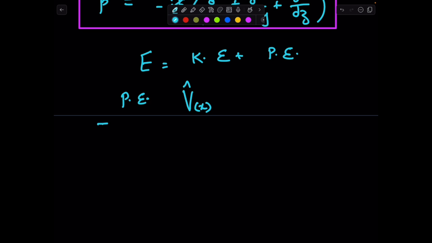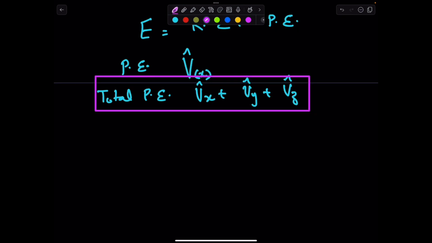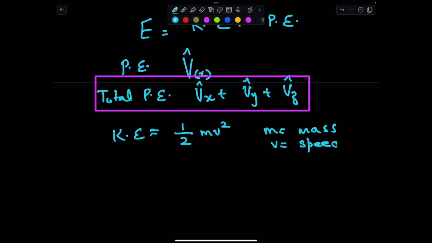So total potential energy is the potential energy in the x-axis plus the potential energy in the y-axis plus the potential energy in the z-axis. Coming to kinetic energy, we know that kinetic energy is half m v squared, where m is the mass and v is the speed.